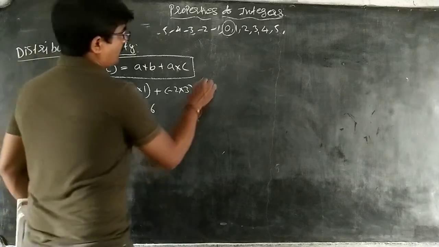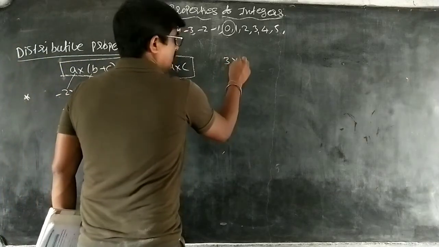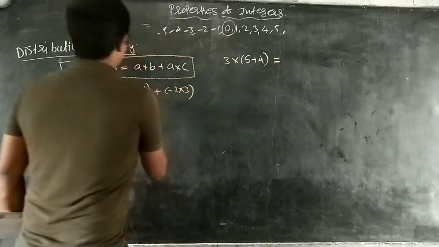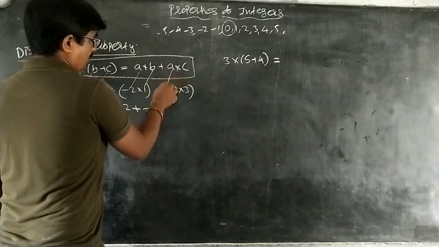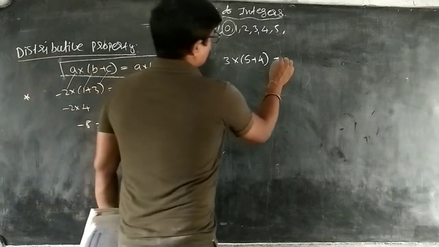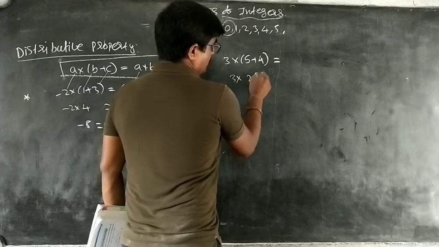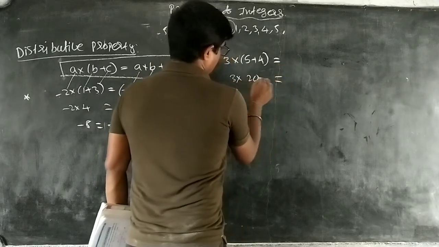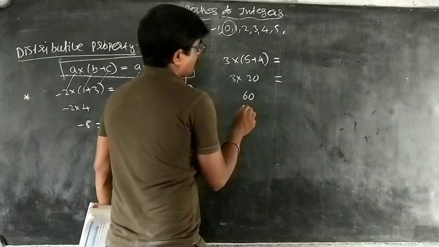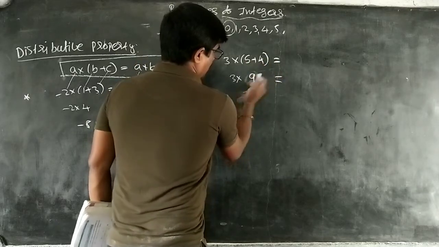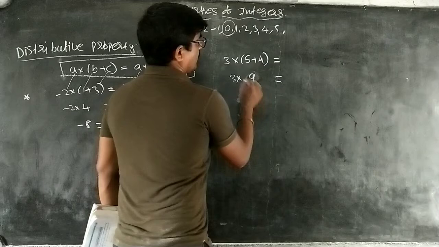Next, I have to take another one. For example, 3 into (5 plus 4) is equal to. Observe here also, same I am doing. First 3 into (5 plus 4), sorry, 5 plus 4 is 9. 3 nines are 27.